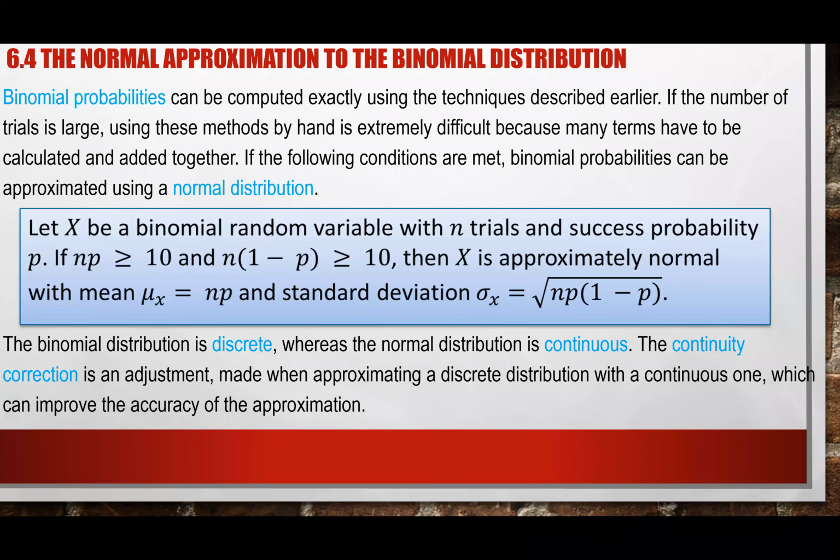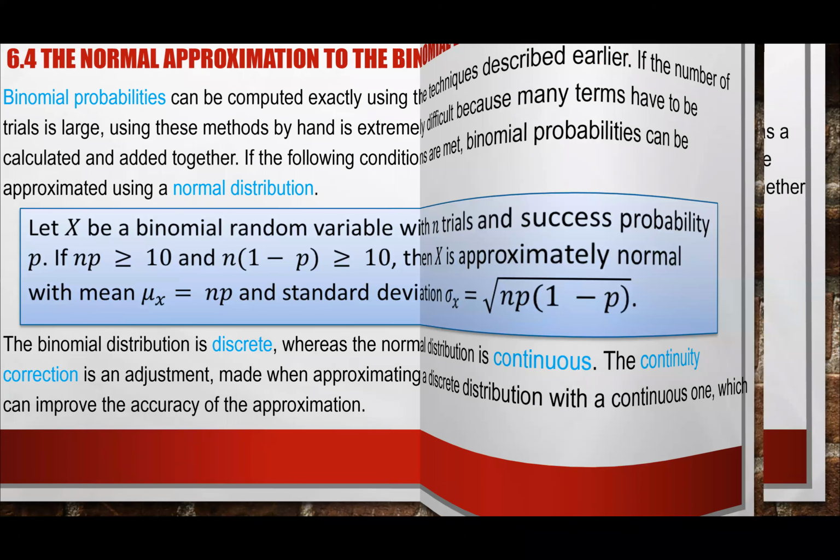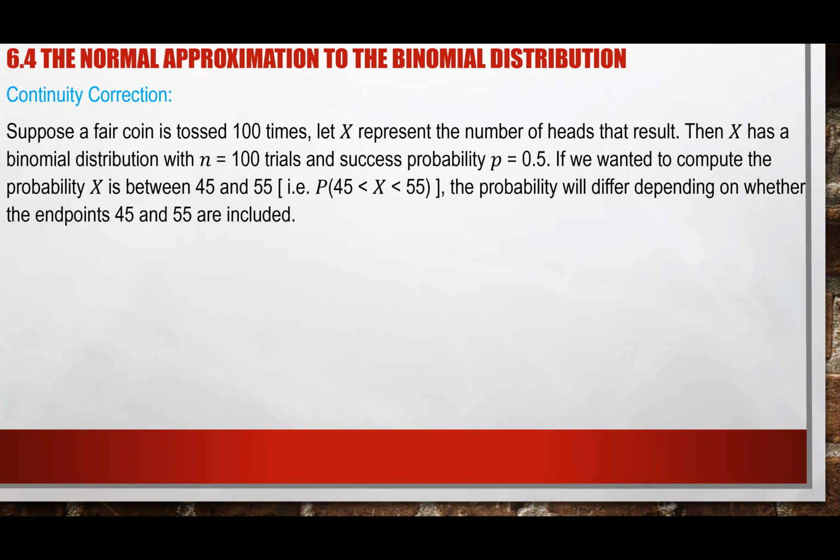So on top of finding the mean and the standard deviation, we need to find the adjustment of this endpoint. In short, ladies and gentlemen, you need to ask yourself, at your particular endpoint, do you include the endpoint or exclude the endpoint?